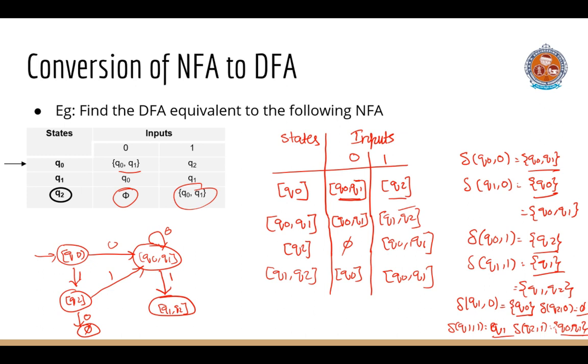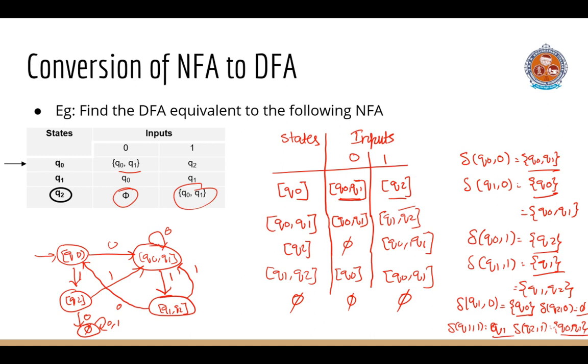Next take the next state {Q1, Q2}. On 0 it is Q0 and on 1 it is {Q0, Q1}. So for phi, if the input is 0 or 1, it will stay at the same state. If the state is phi, for input 0 and 1, it will be phi.